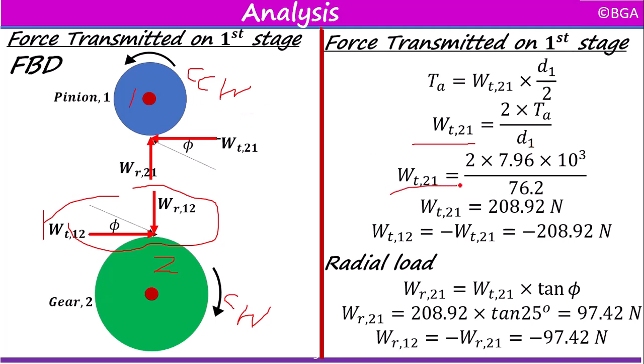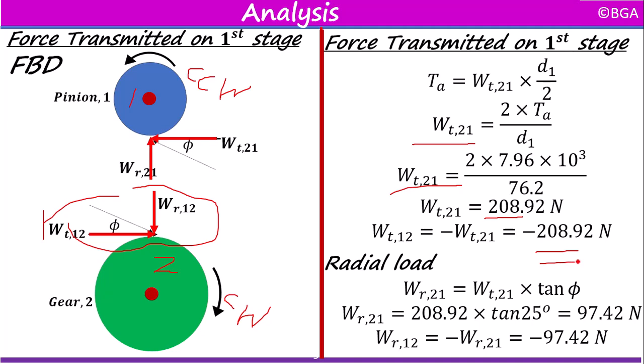If you do so, you get Wt21 to be 208.92. So the equal and opposite force will act on gear 2. So WT12 is the negative of WT21, which is equal to negative 208.92.